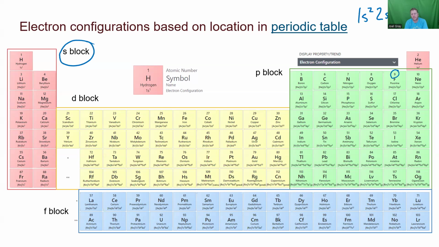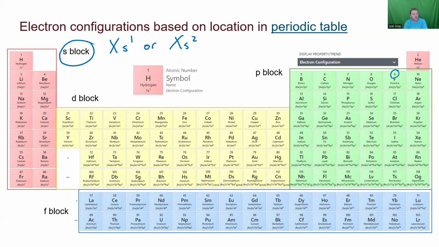There's 2 rows in the S block, and the S subshells can hold 2 electrons. So anytime you see an electron configuration, and I'm just going to put an X for a number, it will be XS1 or XS2, because the S subshell can hold no more than 2 electrons.